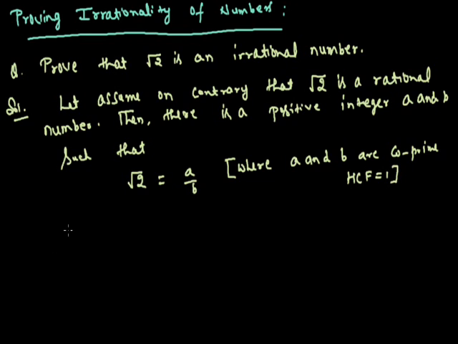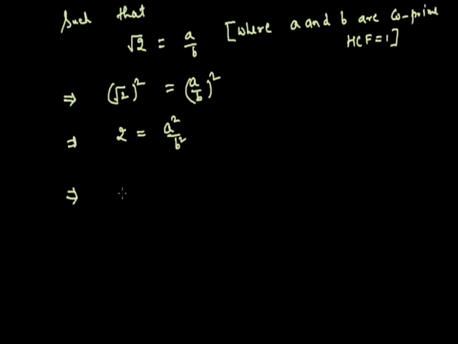Now squaring both sides, root 2 whole square is equal to a upon b whole square. So 2 equals a square upon b square. Therefore a square equals 2b square. It means 2 divides a square.